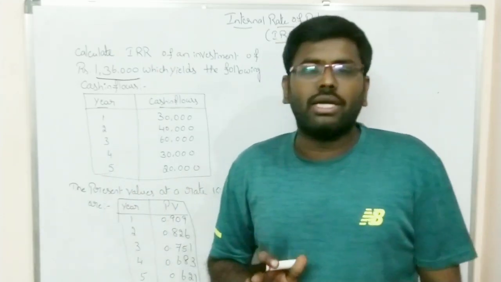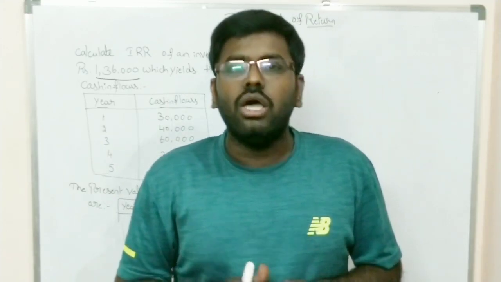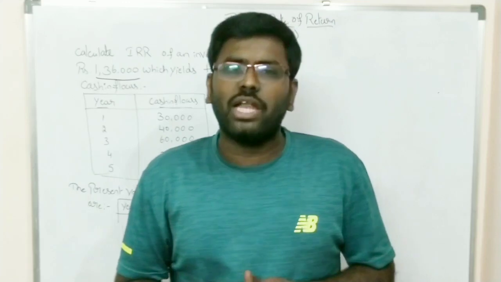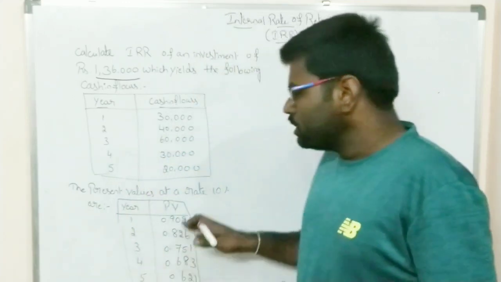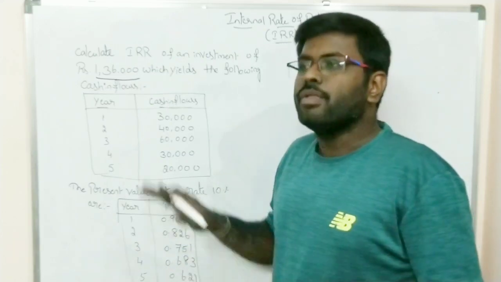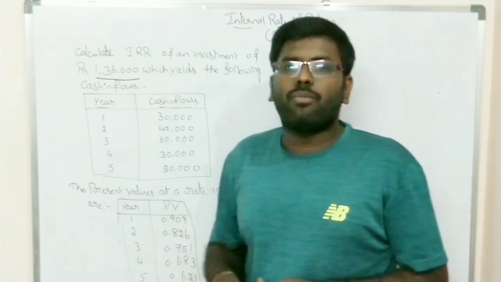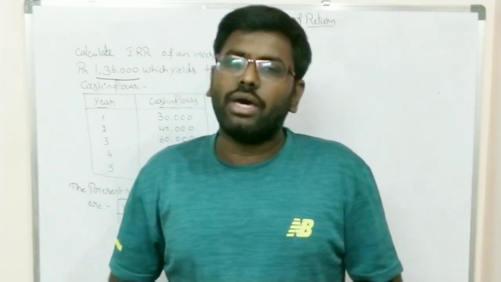So now we know that to calculate net present value we require present values, which are taken from the present value tables at a certain percentage of discount rate. Here they are directly giving the values at a rate of 10%. This is the information they have provided, and they are asking you to calculate the internal rate of return.